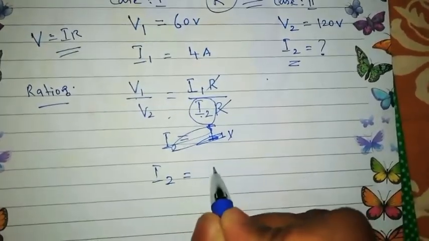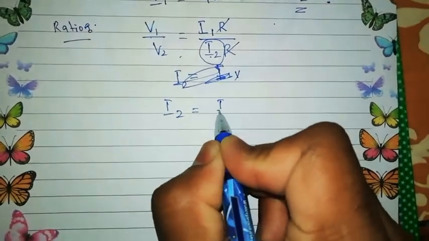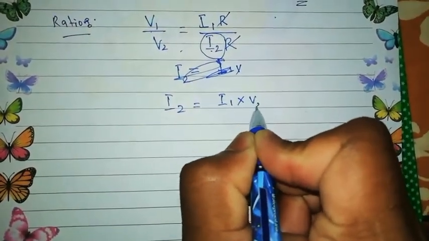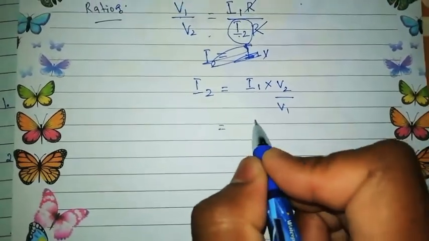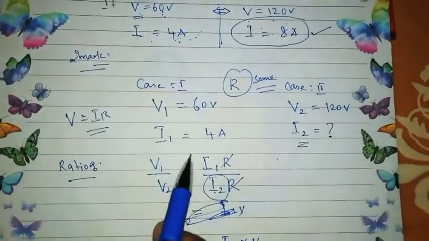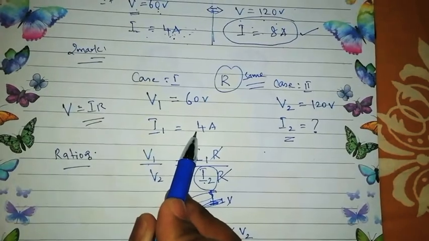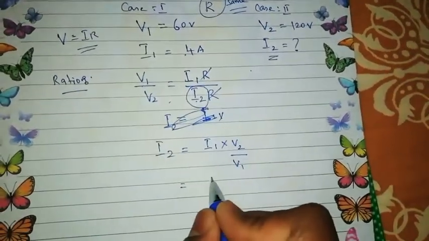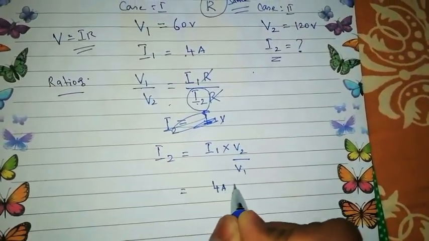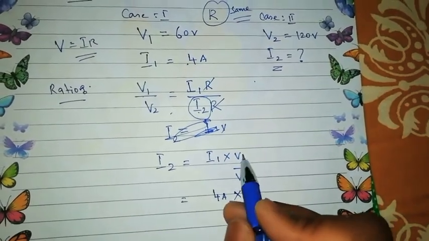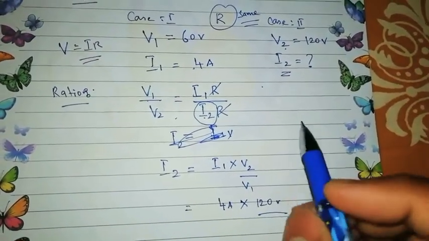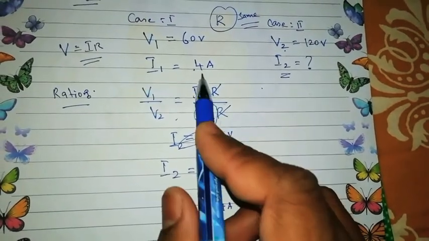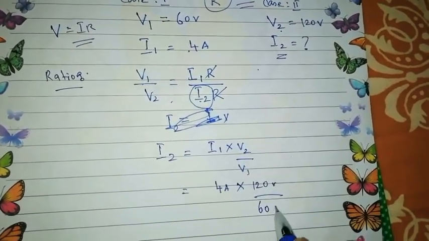I2 is equal to I1 into V2 divided by V1. What is I1? It's 4 amp, right? So 4 amp into V2, which is 120 volt, divided by V1, which is 60 volt.